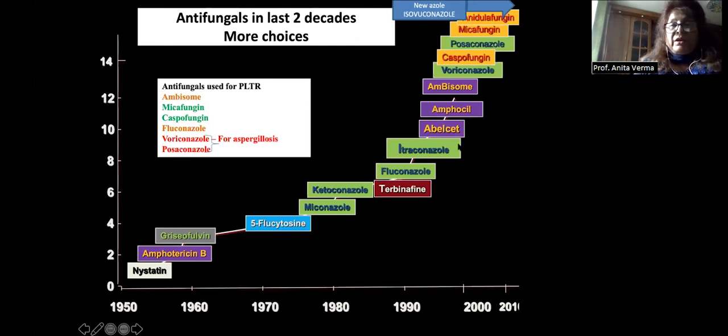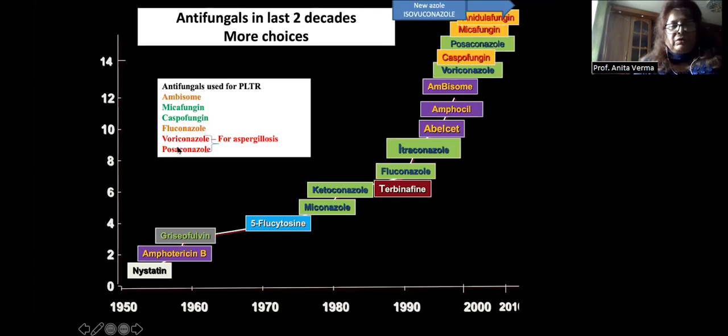In the last 2 decades, we have an increasing armamentarium of antifungals, and the most important ones which are licensed for pediatric use are liposomal amphotericin. There are the echinocandins, which are safe with fewer side effects. Fluconazole has fewer side effects.